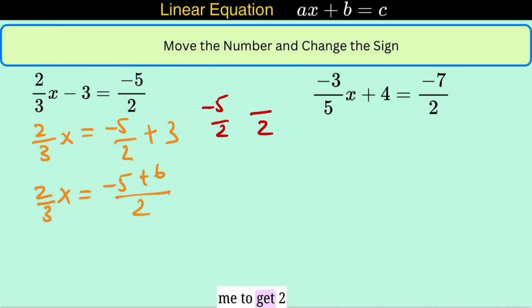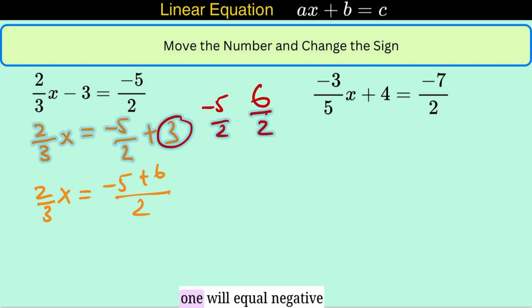In order for me to get 2 at the denominator, I need to multiply 3 by 2 and it will give me 6. And if you look at it, 6 divided by 2 will give me 3. So this one will equal negative 5 plus 6, which gives me 1 over 2.